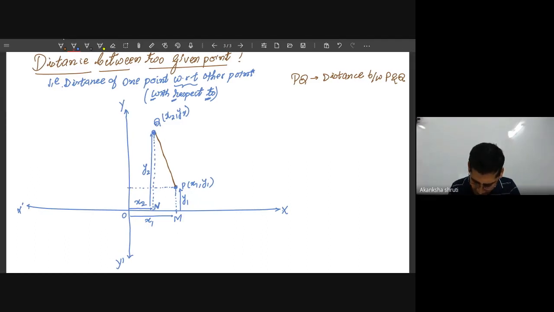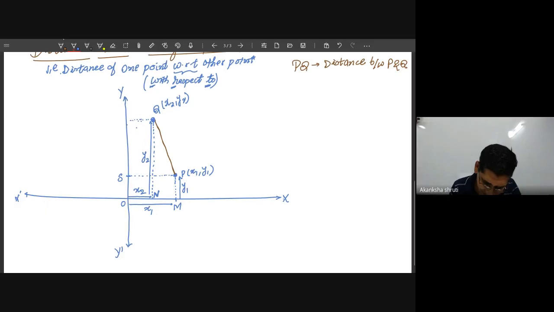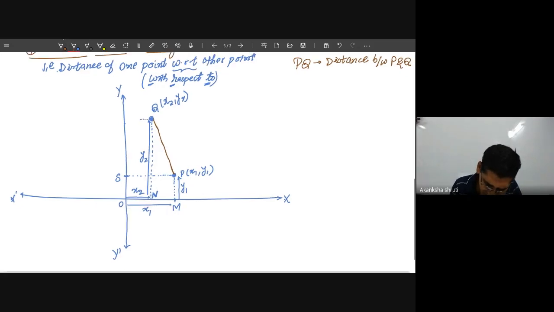Let us call this point S. And in the same way, draw the perpendicular from the Q on this y-axis. Say this point is T.